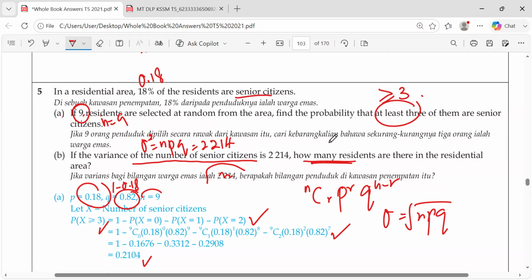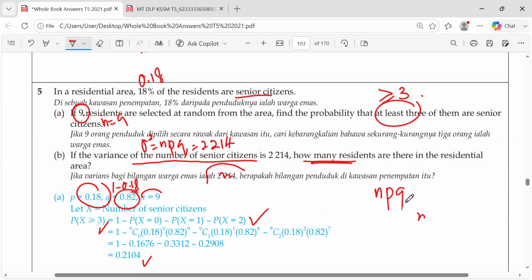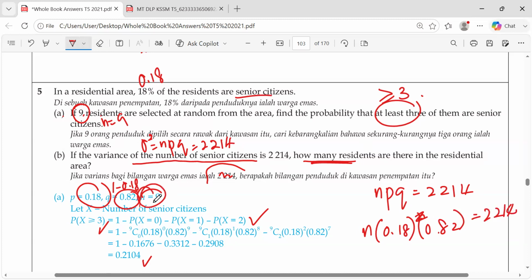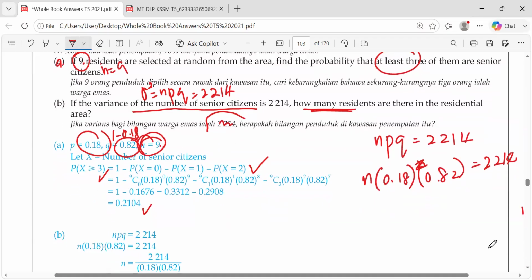How many residents? So we're using this formula. NPQ equals 2214. And I have P and I have Q, but I don't have N. N equals 9 is question A. For B, he needs you to find out the N. How many residents do they have?